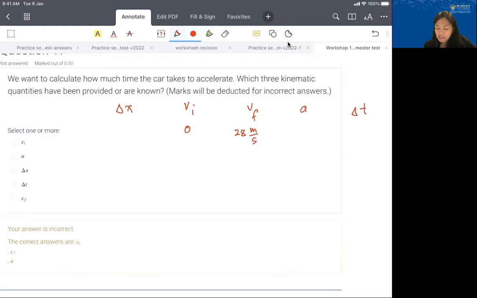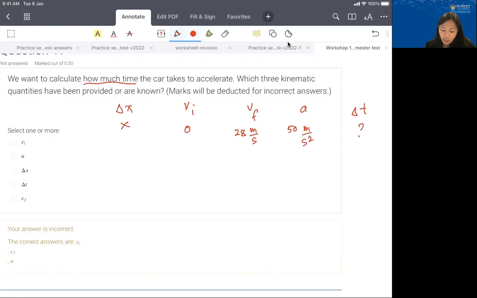And it has an acceleration similar to the rattlesnake's head, 50 meters per second squared. We want to find how much time. So time is what we want to find, and we are not given any information about delta x.